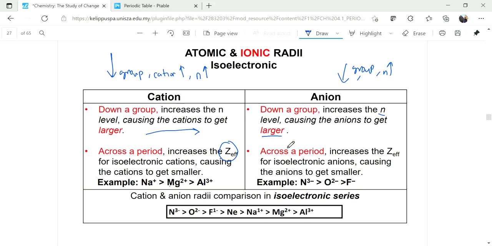However, across a period, the isoelectronic anion will get smaller. Size of the isoelectronic anion will get smaller because of the nuclear charge increase.